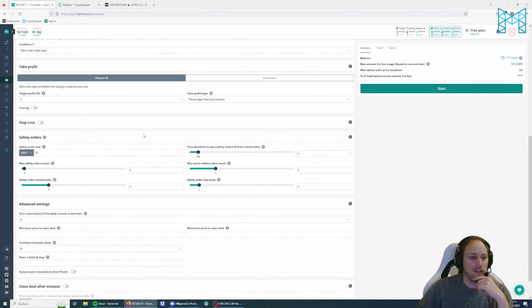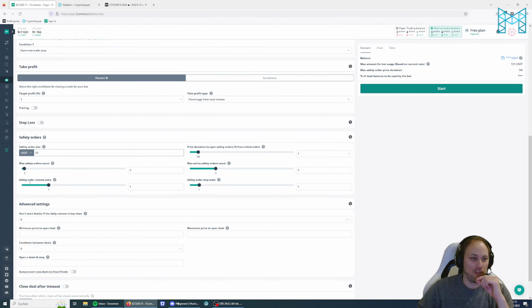Then I tell the bot how many safety orders, for example 5, can I open? So I drop another 1%, then I buy another one, and this is 5 times. That means we can drop 5 times and buy 20 each time in this case.